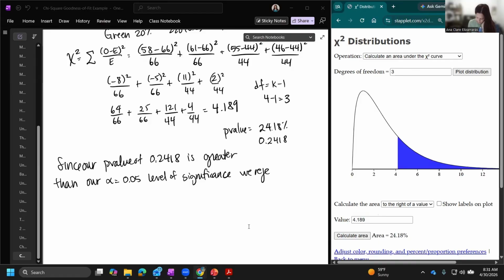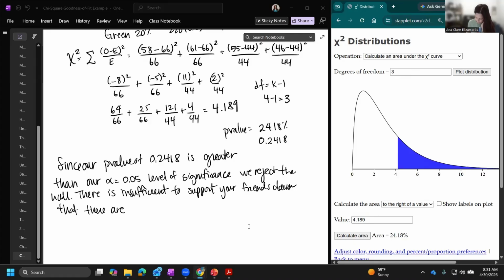There is insufficient evidence to support your friend's claim that there are 30% yellow and brown and 20% red and green M&Ms.